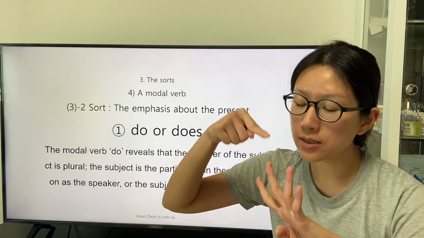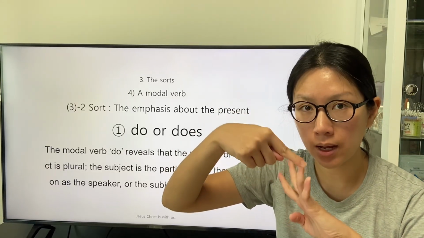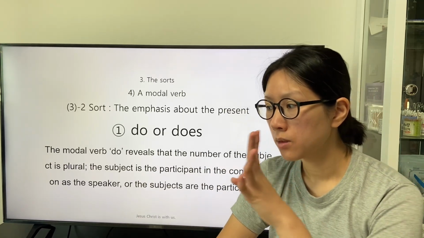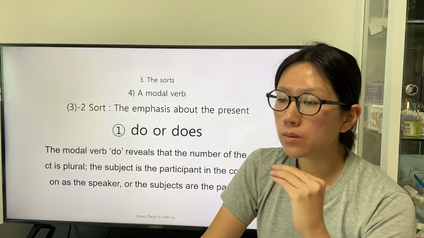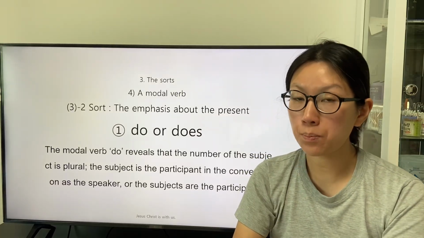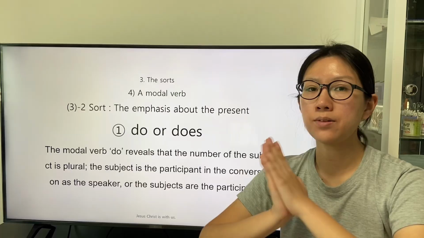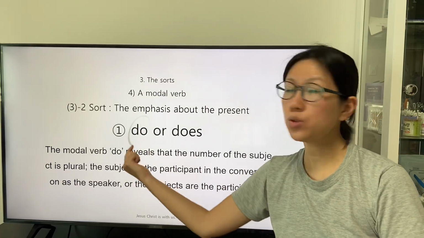The first, second, and fourth classification of the subject is appropriate to understand the application of the modal verb do.